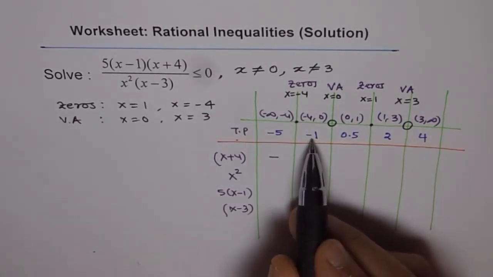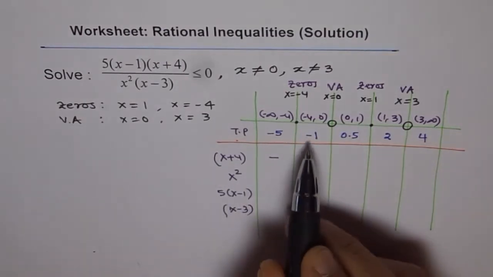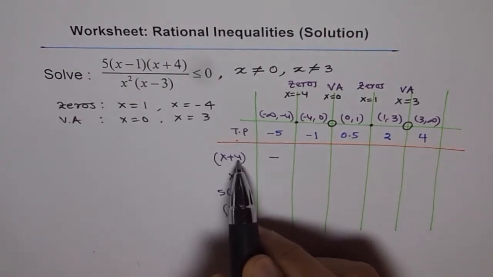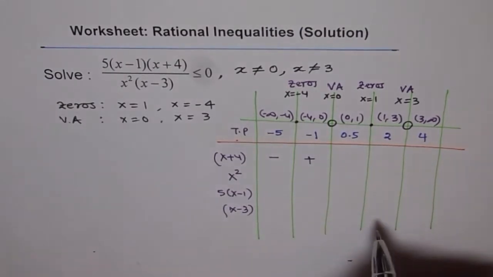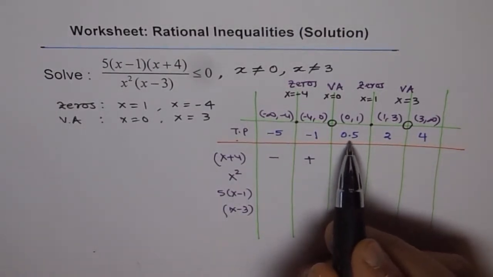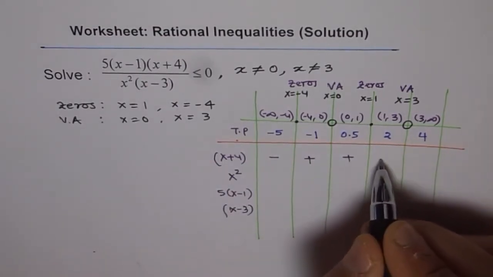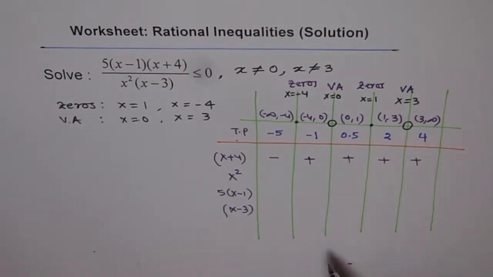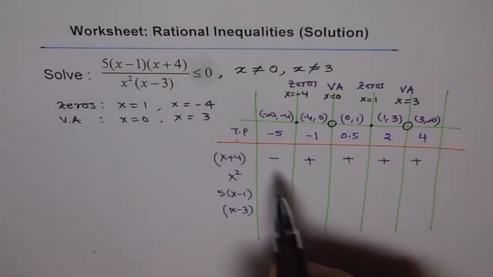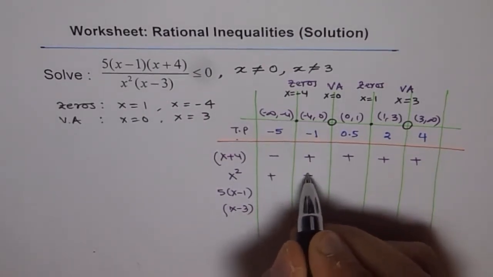If I plug in negative 1, I get a positive value, positive 3, so I write positive here. How about 0.5? All these positive values will give me positive values. So I'll get positive, positive, and positive. X squared. Now x squared is always positive, whether you write negative 1 or negative 5, right? So these are all positive values for you.